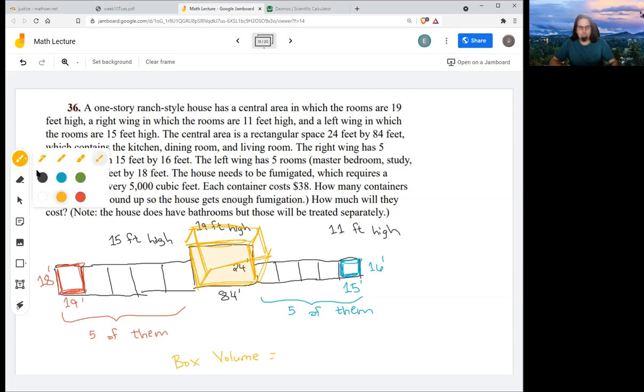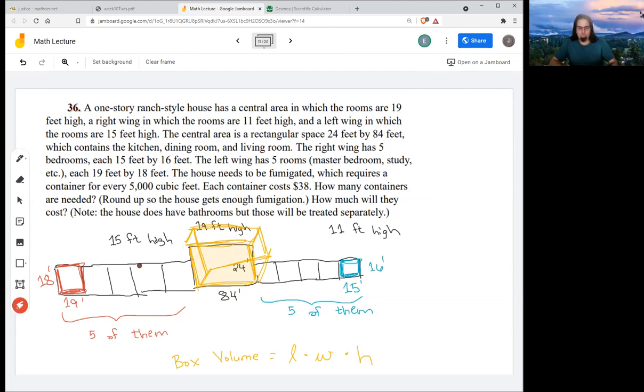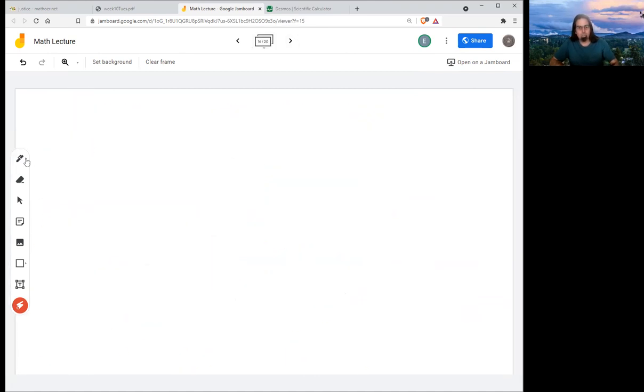So the carpet was just the length times width. And then we're saying how many of those are there. So that's the height. Does that ring a bell now? Yeah, it does. So we have 11 boxes. We have 5 boxes and 1 box and 5 box. So I'm out of room. I'm going to the new thing.